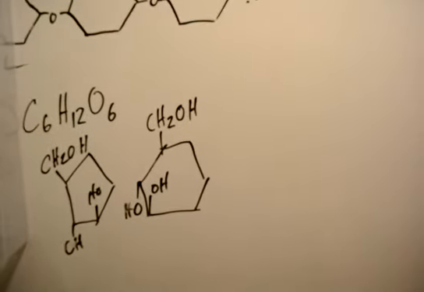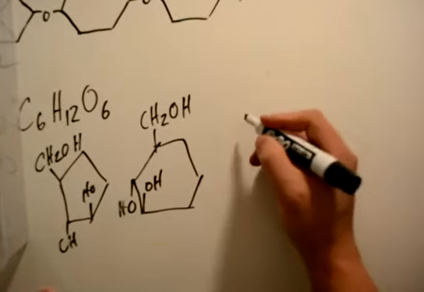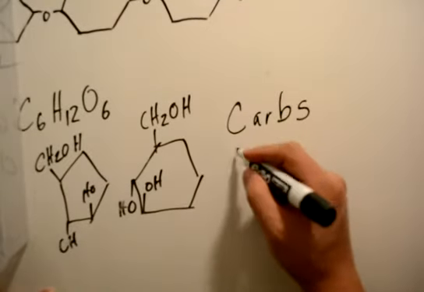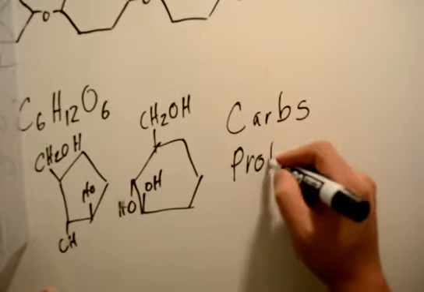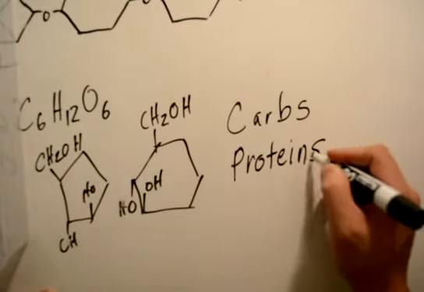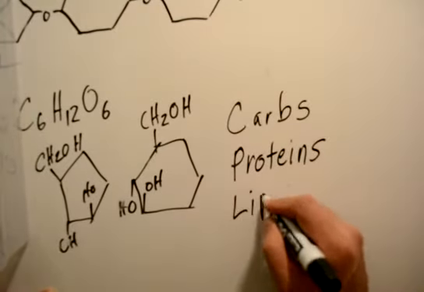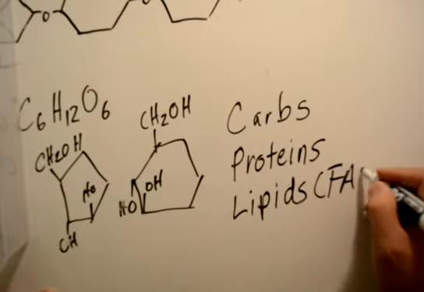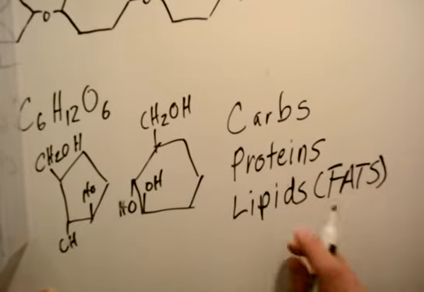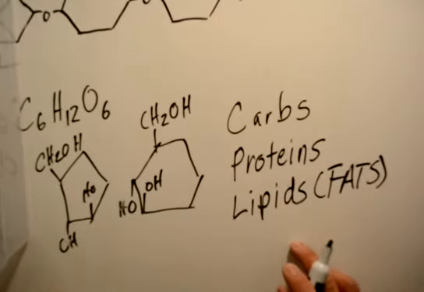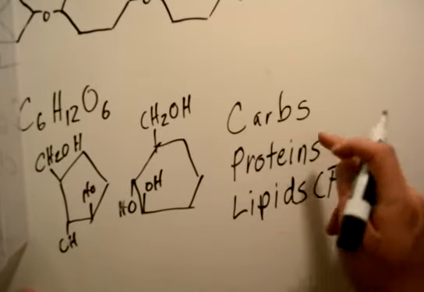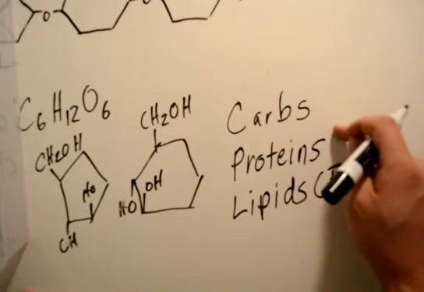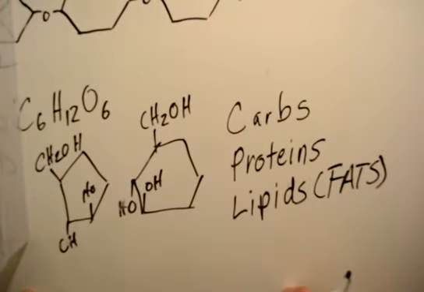Now, our 3 different categories are going to be carbs, proteins, and lipids, which are also called fats. So we always want to figure out whether we have a food that's full of carbs, full of protein, or full of lipids or fats.